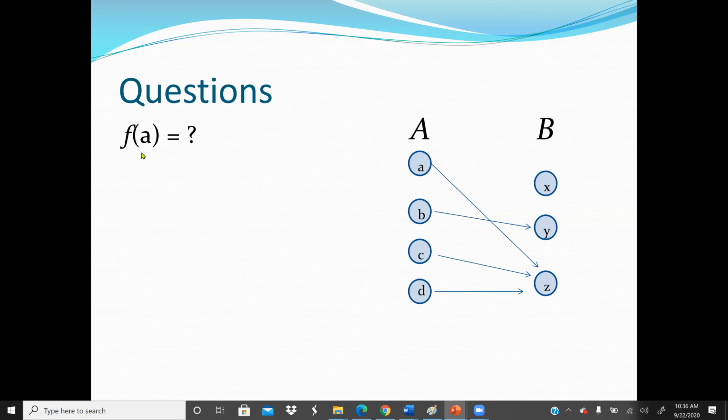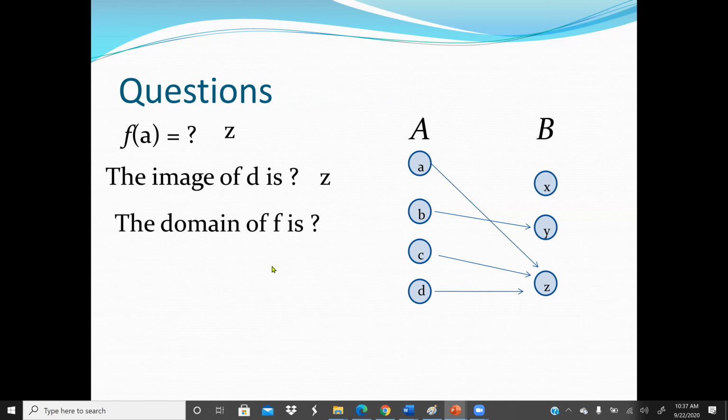The first question says f(a) is equal to what? So I'll look at a, lowercase a, which is the element, and the arrow is pointing to z. So a will generate z as output. So the answer will be z. The image of d is what? So the image of d, this is my d input. The image is also z. It's pointing to z. Then the domain of the function is, remember the domain will be the possible input variables.